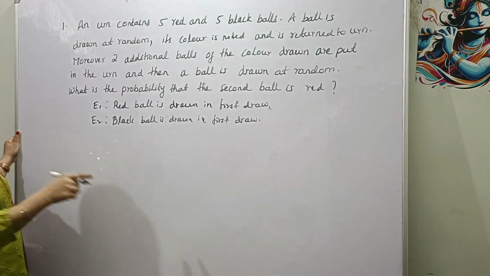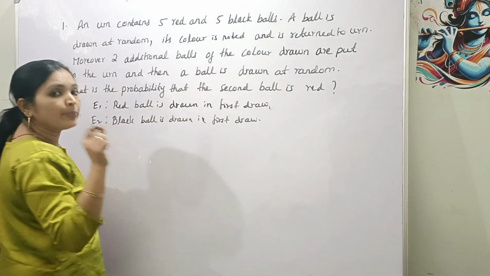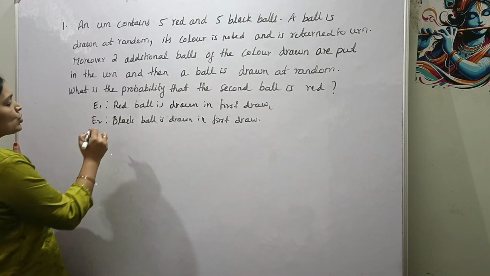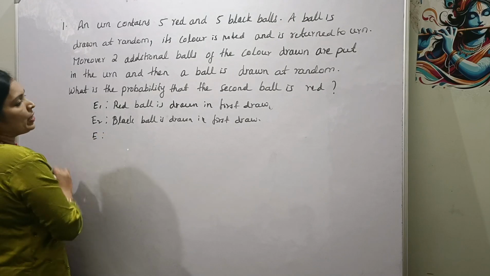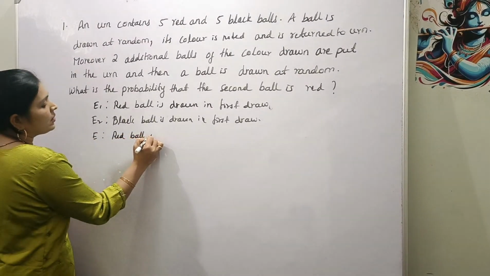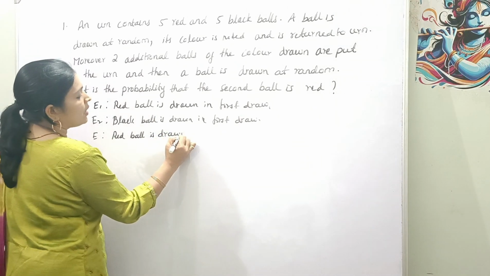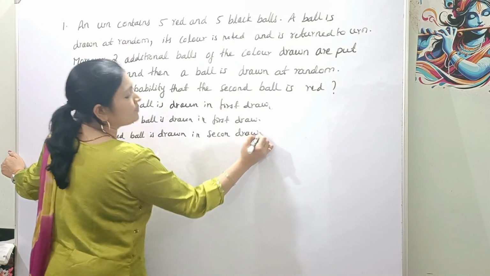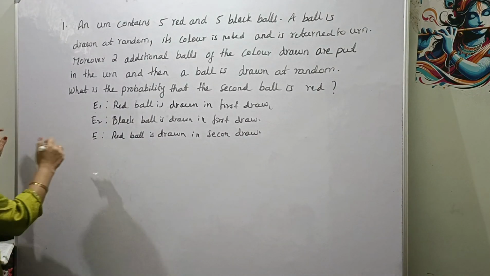And we have to find the probability that the second ball is red, that is, a red ball is drawn in the second draw. So let E be the event: red ball is drawn in the second draw.